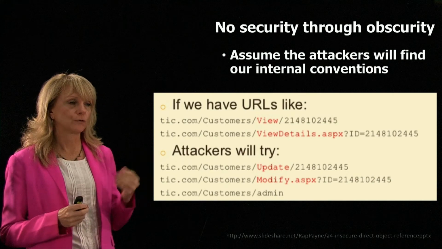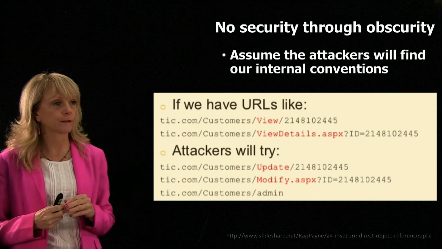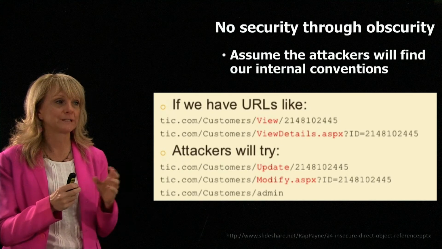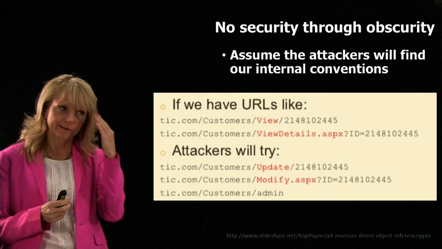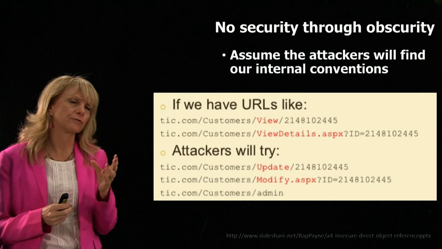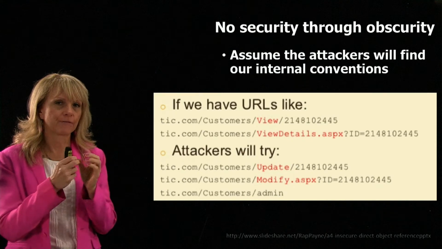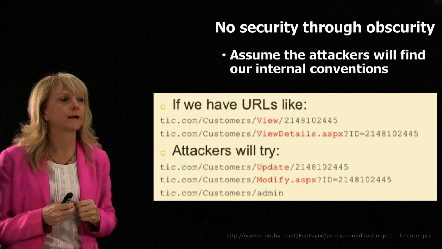And if you look at these types of URLs, like the ones on the top where you have view and a number, or view details and a number, just think that the attacker is going to say, view, that's a whole directory on views. What happens if I see if they have another directory, update, and I use the same ID number after that?